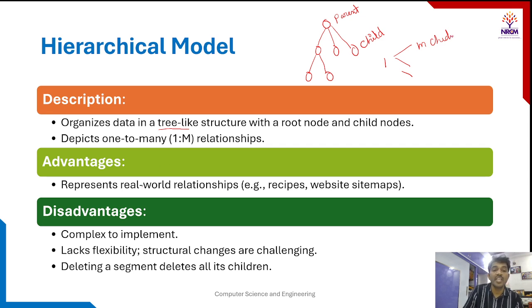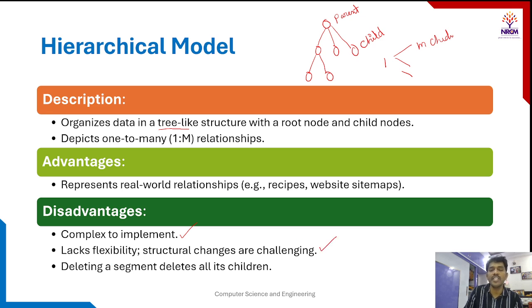And the advantages: real world relationships, right? Like your file system, or the website mapping, or the recipes, are real time examples. So we are going to do 1 to n mapping. And coming to the disadvantages, it is complex to implement, got it? And there is a lack of flexibility and structure changes are challenging.